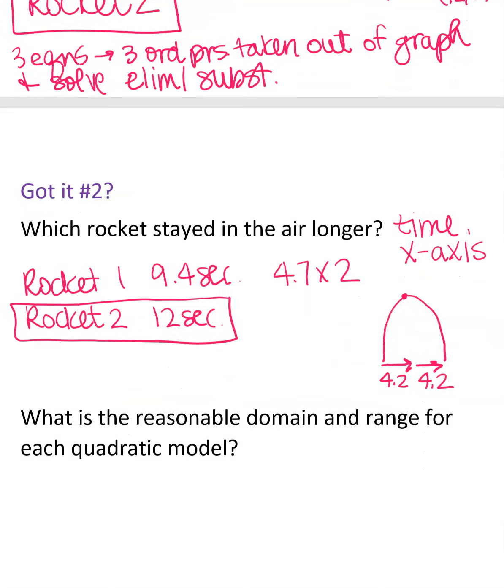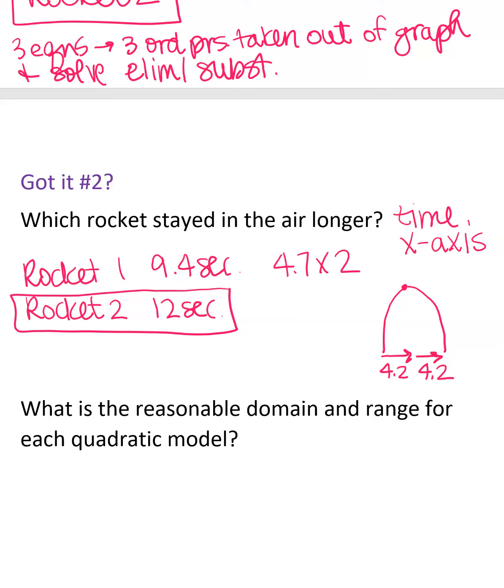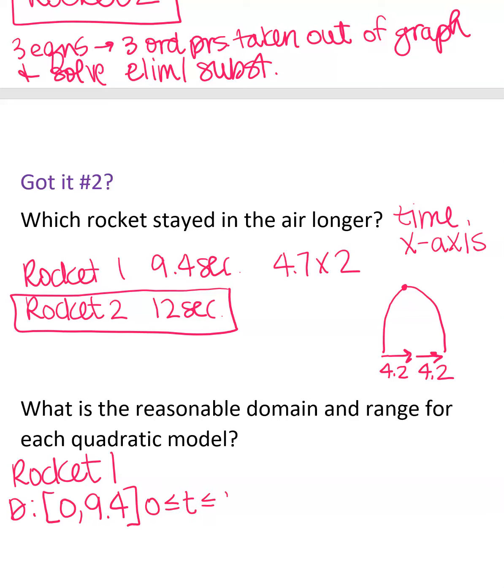What's a reasonable domain and range for each quadratic model? I'm going to show you two different ways. So rocket 1, the domain looks like this. If we look at the x-axis, the domain went from 0 to 9.4. The book will say 0 less than or equal to t less than or equal to 9.4 because the x-axis stands for time.